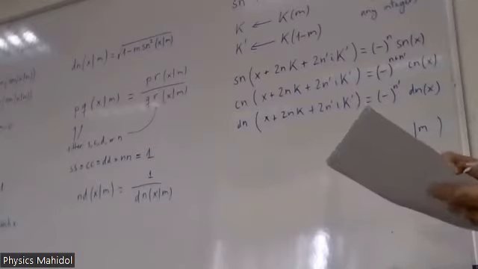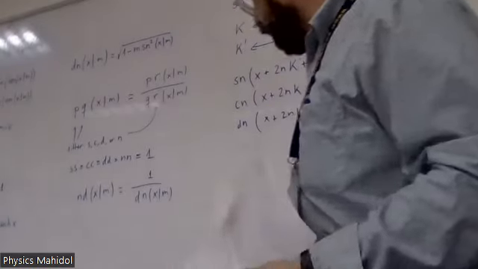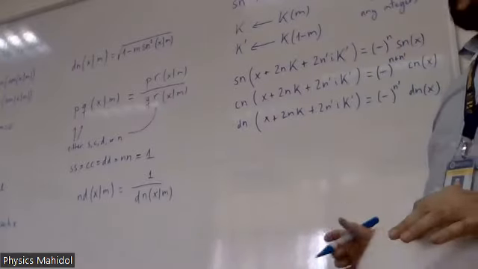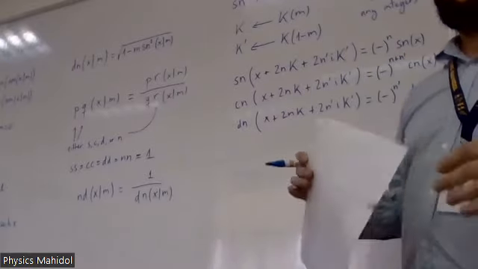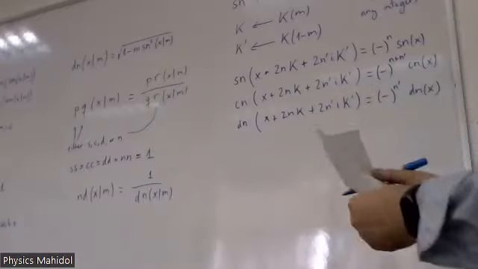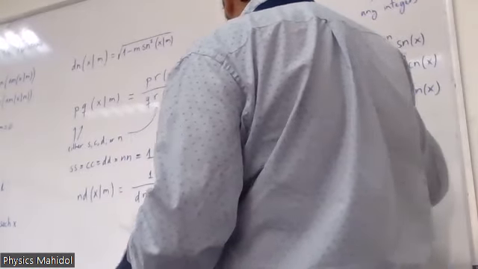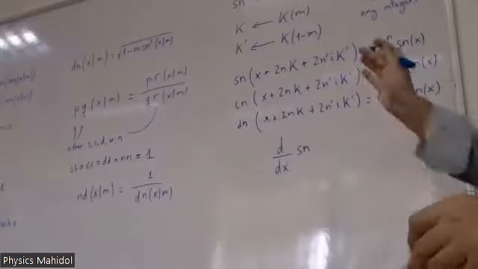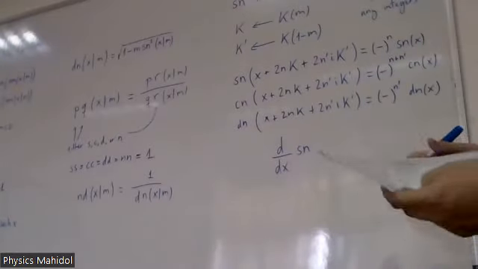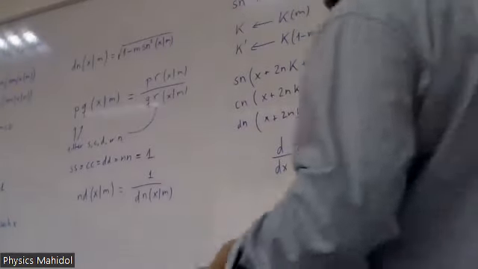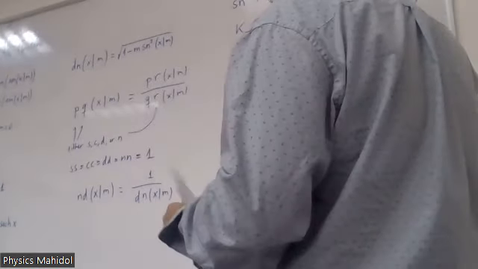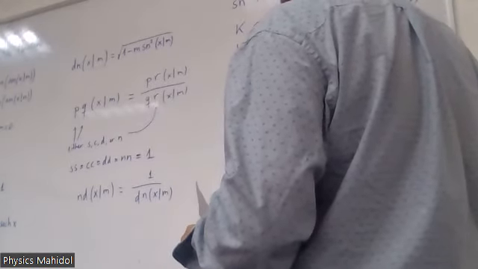Okay, let me give you these equations. I don't need to prove them because if I give you this assignment, well, actually, I didn't give you assignment about the last gamma and beta topic, right? So, but anyway, just to finish this topic, let me give you the equation for the derivative of the sn. Just I don't write the x and the m because you understand that this is just a function of x and m. The derivative of the sn is the cn multiplied by the dn.